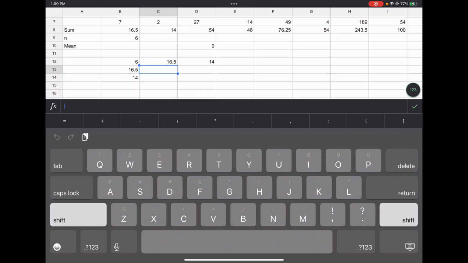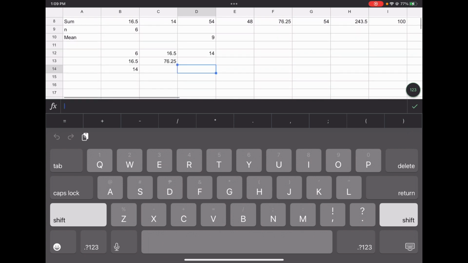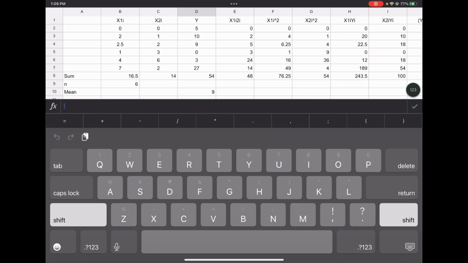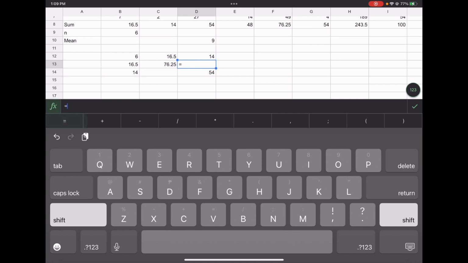So the square is 7625. And this one is the square of x sub 2, which is 54. And next, this one is the product of x sub 1 and x sub 2, which is 48.